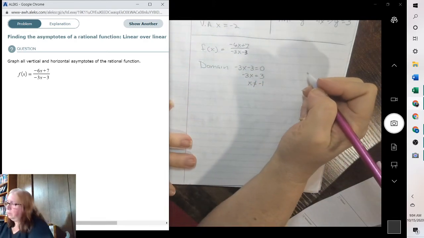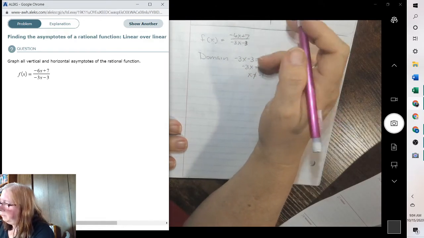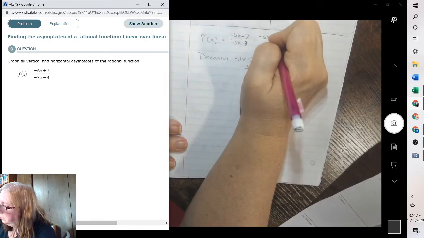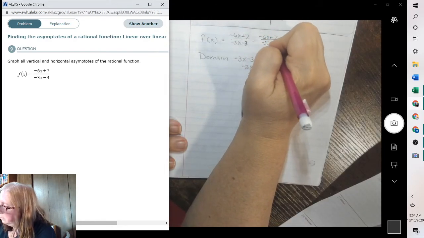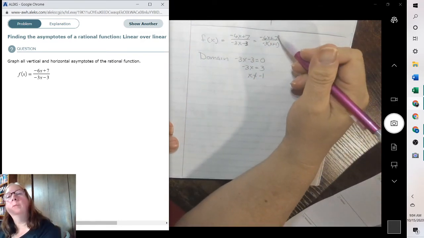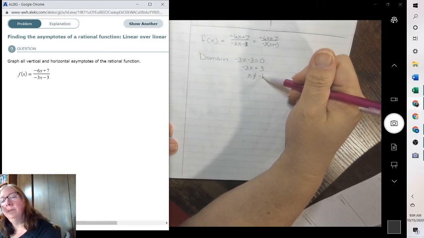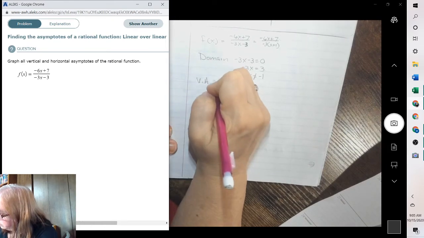So x cannot equal -1. This will not reduce because the top's not factorable. If it were factorable and we had x plus 1 and those canceled, then this would be an open circle. But it doesn't, so it's our vertical asymptote.